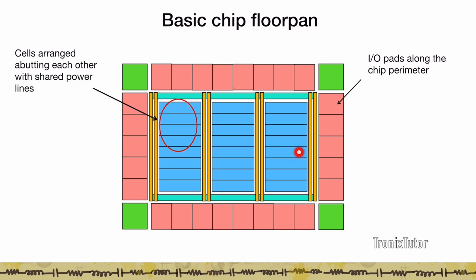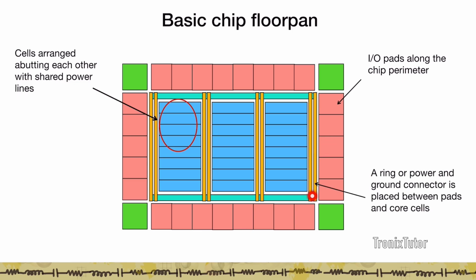So especially when you're drawing a signal from logic onto this IO pad, you need to ensure that this path is sized up properly so that the signal speed to the IO path is not overly slow. The third thing is that you have to arrange the power lines in such a way that you can place the ground and power connectors as close as possible. Again, this is to reduce the power and the delay associated with delivery of VDD and ground to the cells.